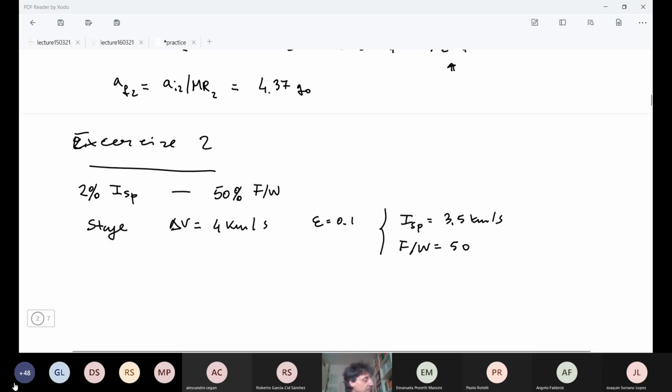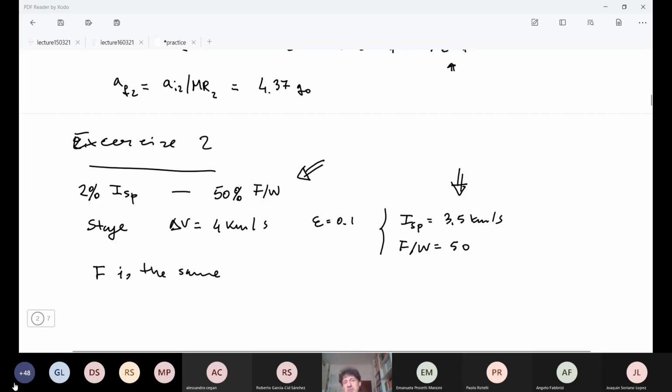So we would like to have, of course, the same thrust level. F is the same, and we would like to see what is better. So if it's better this engine here or the one that includes an increase of specific impulse, but also a cost in terms of the thrust to weight ratio of the engine. F is the same.